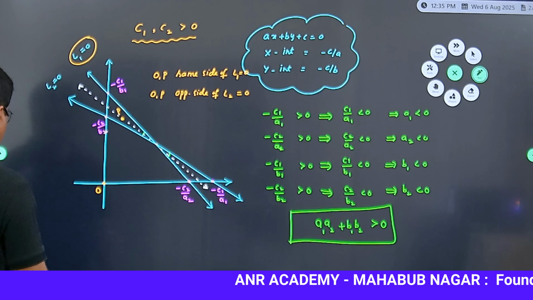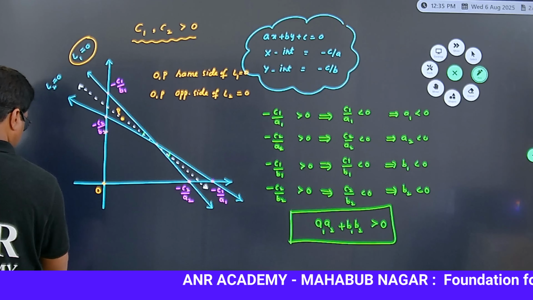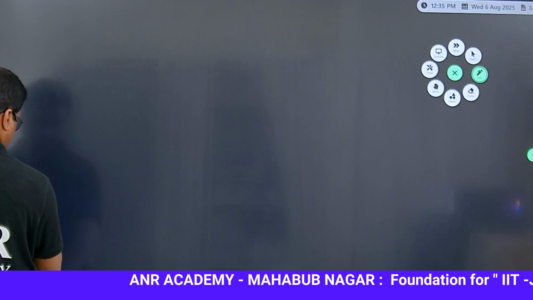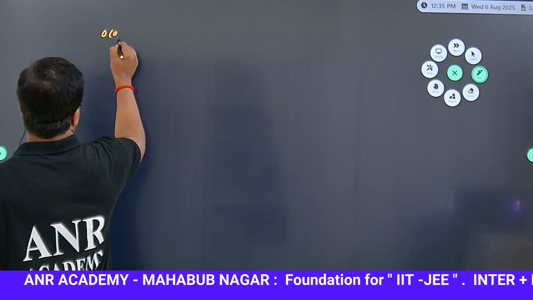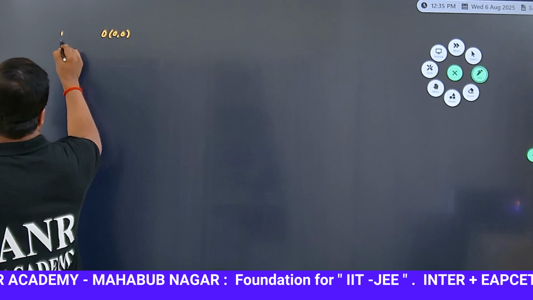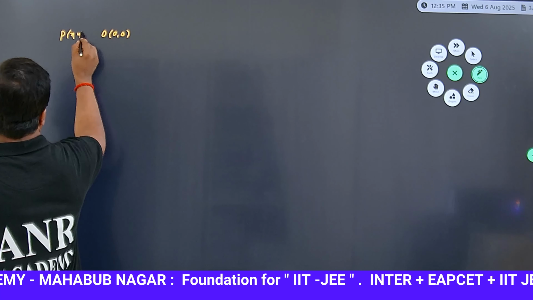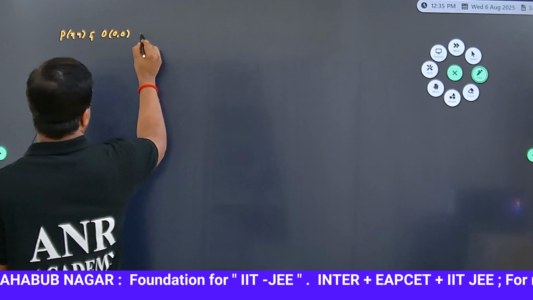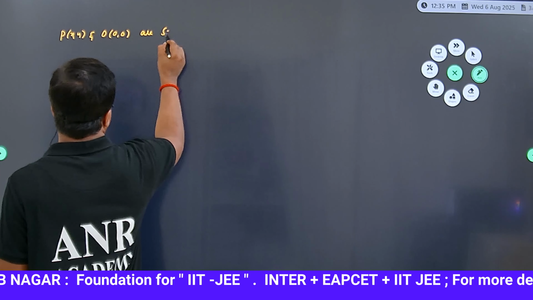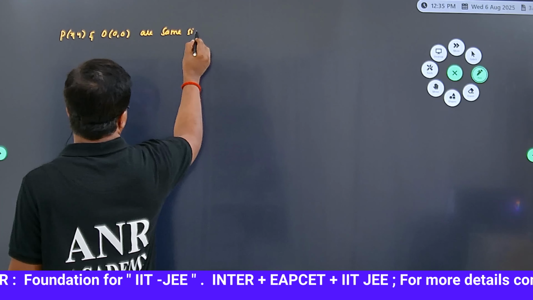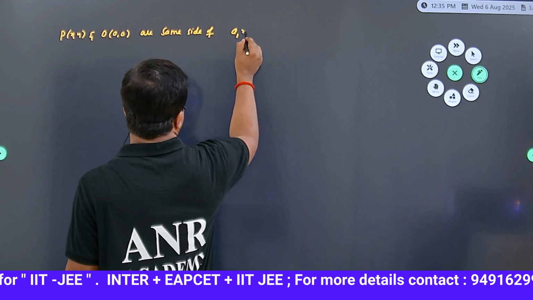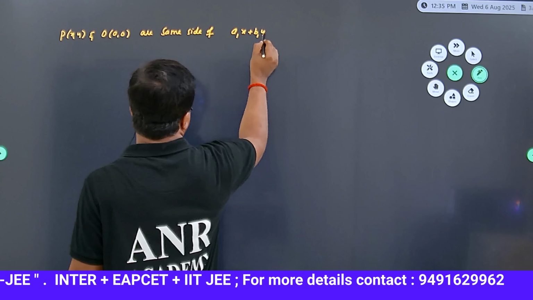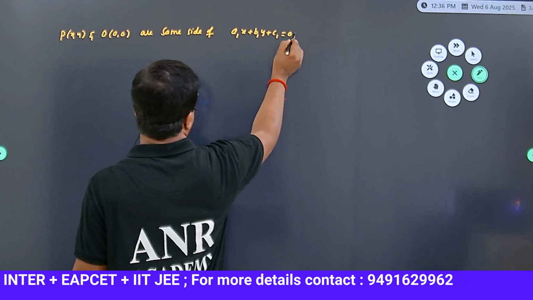I am going to use the division formula now. Origin 0, 0 and the point P whose coordinates are x, y are on the same side of the first line A1x plus B1y plus C1 equal to 0.